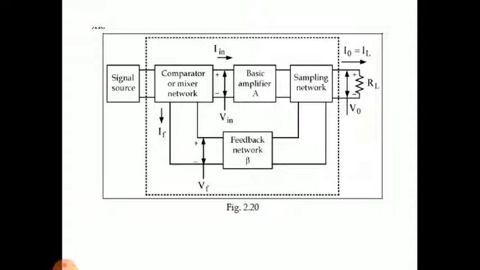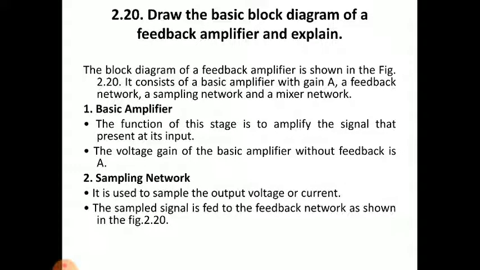IF is the feedback current. So this is the basic block diagram of a feedback circuit. Any feedback circuit will have these blocks. Now see, the block diagram of a feedback amplifier is shown in the figure. It consists of a basic amplifier with gain A, a feedback network, a sampling network, and a mixer network.